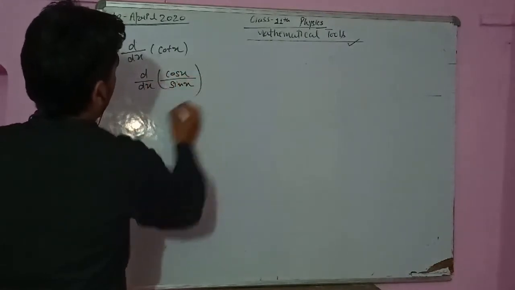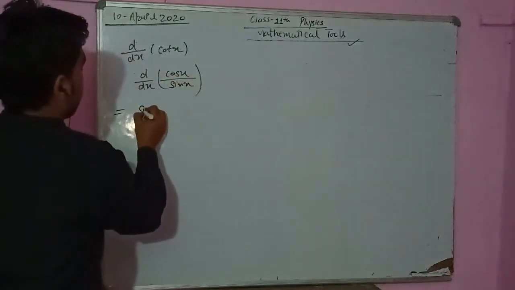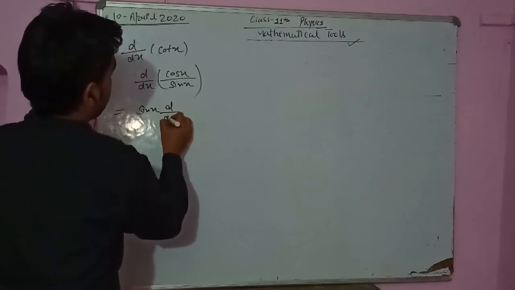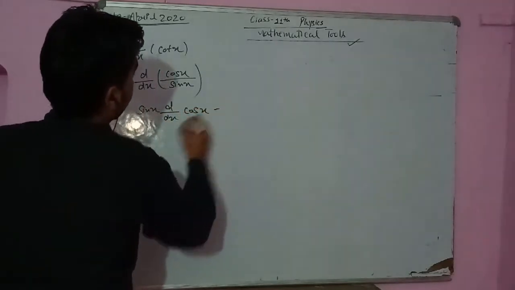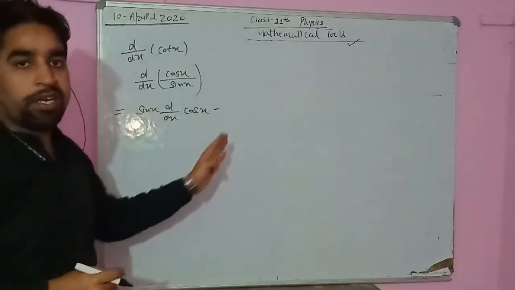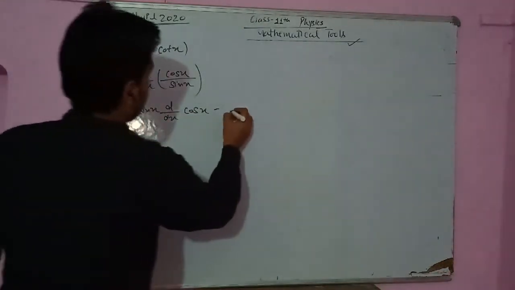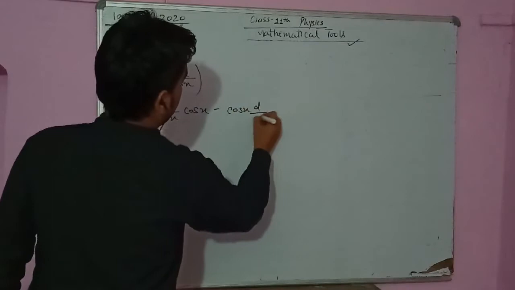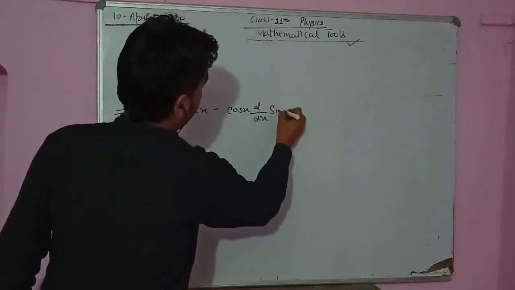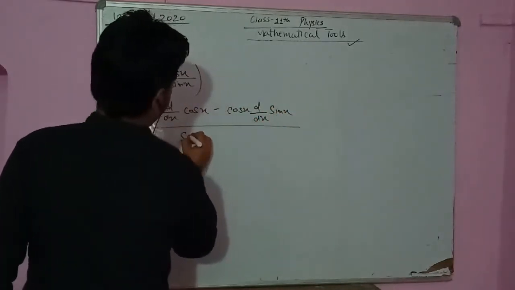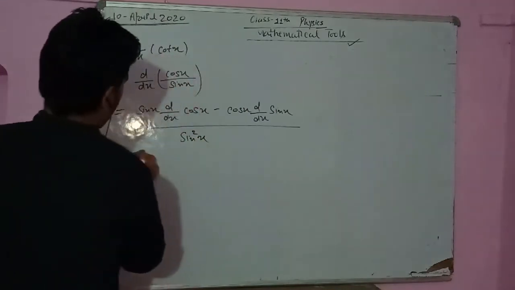Okay. Now what we will do? First we write sin, then the differentiation of cos. Same identity I am applying. So denominator times the differentiation of numerator minus numerator times the differentiation of denominator, divided by denominator square. Now, what will this be?